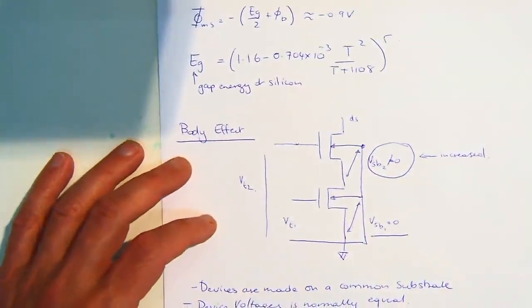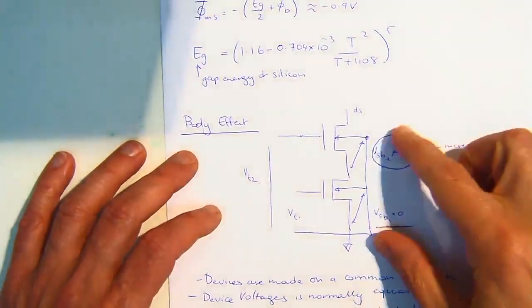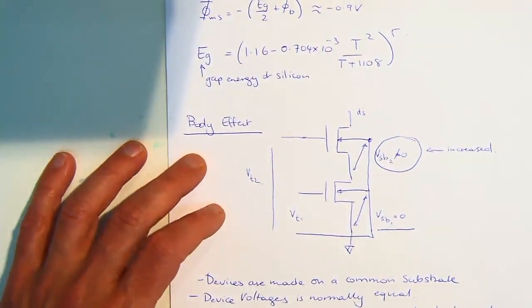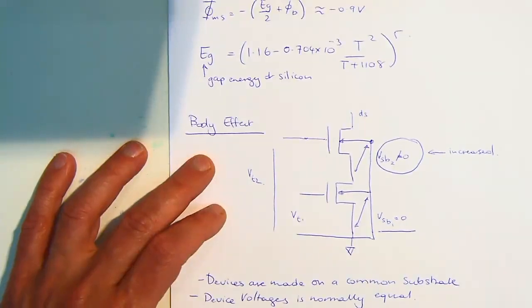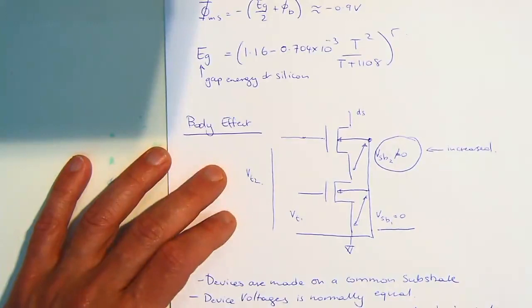Why is that significant? The reason it's significant is we do use this type of structure in a couple of places, and hopefully we'll get to it in this lecture, where we start talking about tri-state buffers and the like.